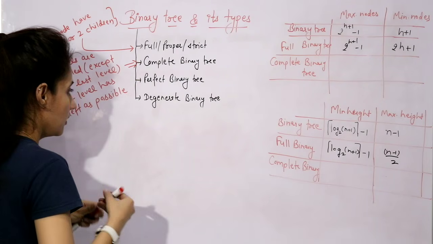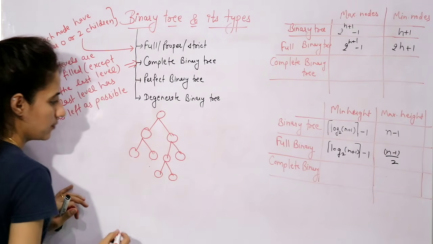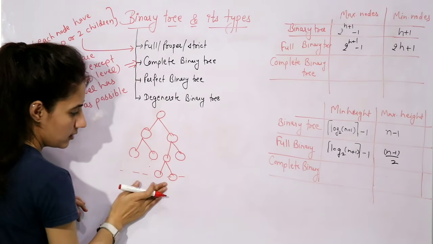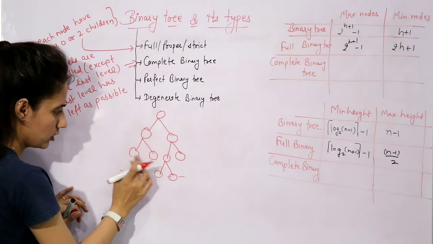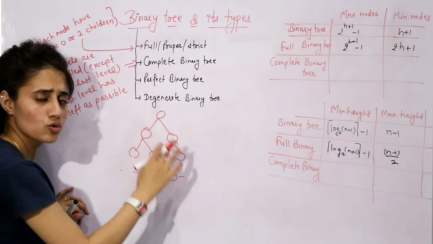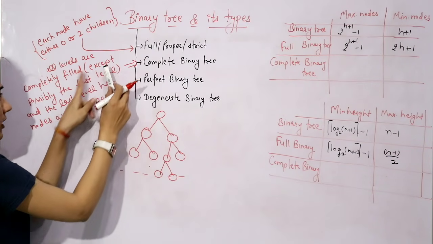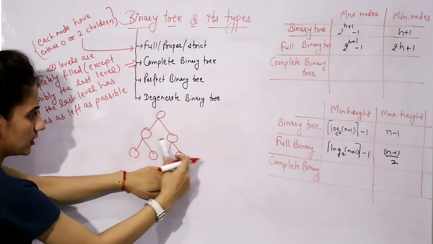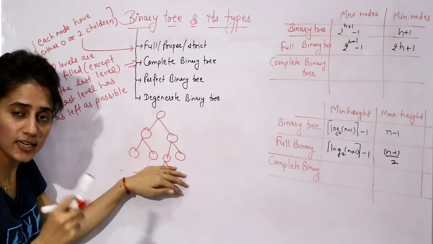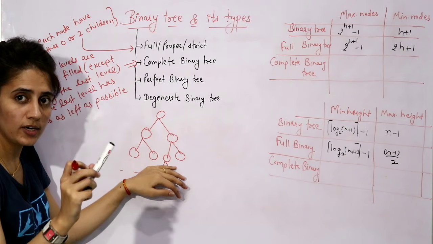Now I am going to take one example. See here, this is the last level, right? And this is not completely filled because these nodes do not have any child. That is fine in a complete binary tree. I have told you, except possibly the last level, all the levels are completely filled. See, this level, this level, this level are completely filled, right? Each node has 2 children. So one condition is true.